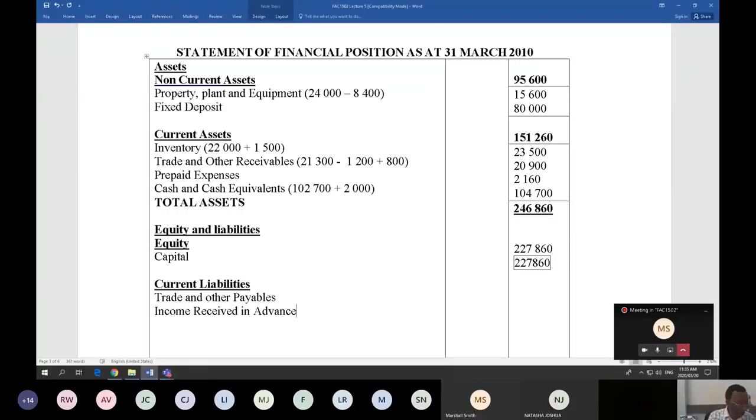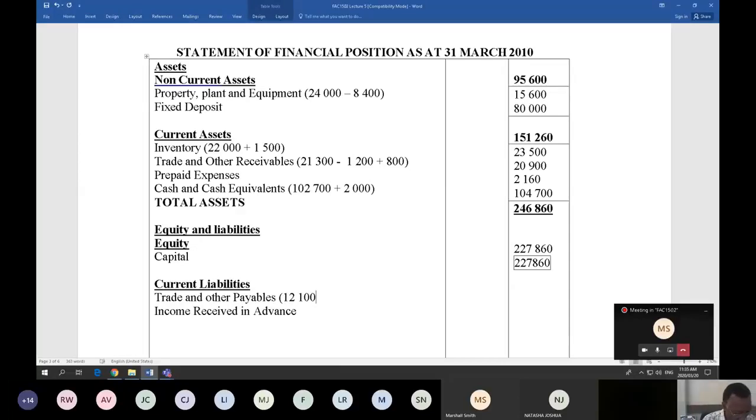Your trade and other payables, guys, will consist of, first of all, your trade payables. Once again, remember this is quite an old question paper, so they will call it creditors control. But in your new question paper, it will be called trade payables control. And your trade payables control is the amount of 12,100 Rand.